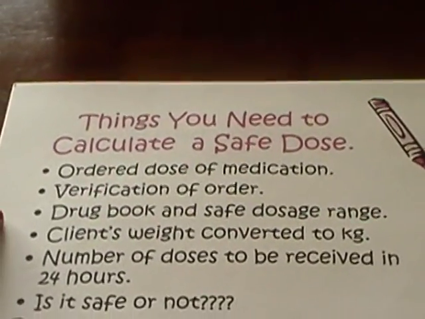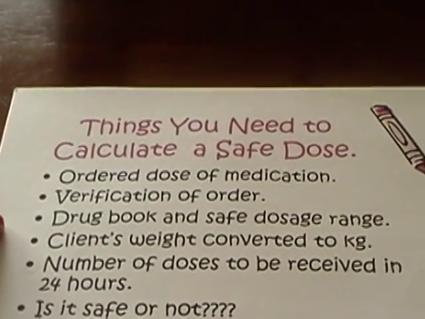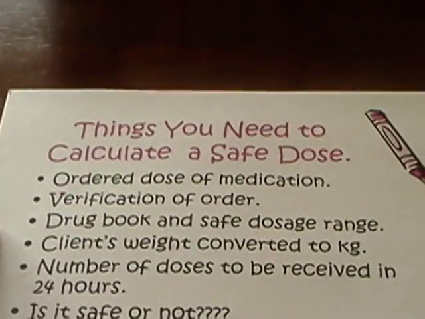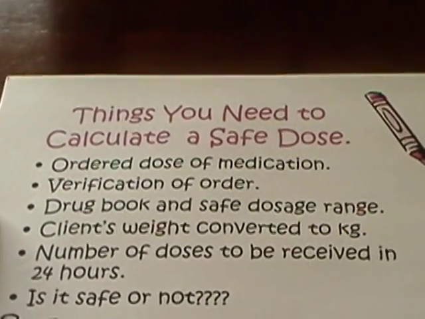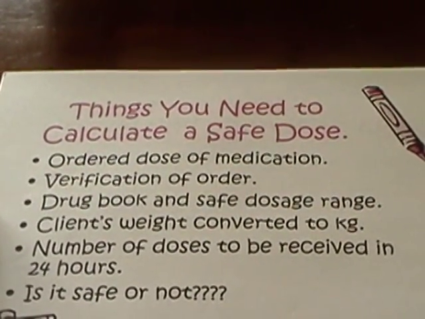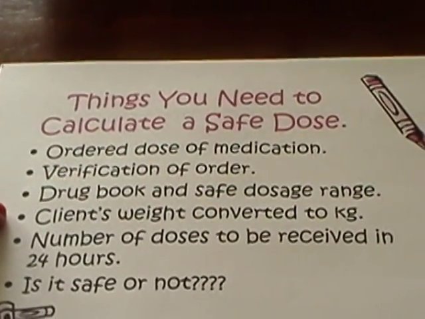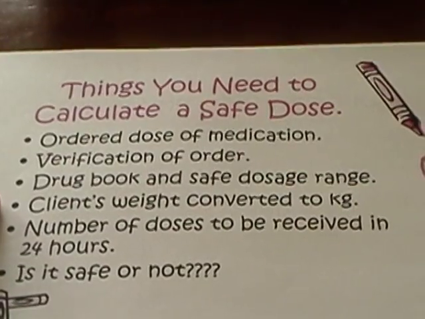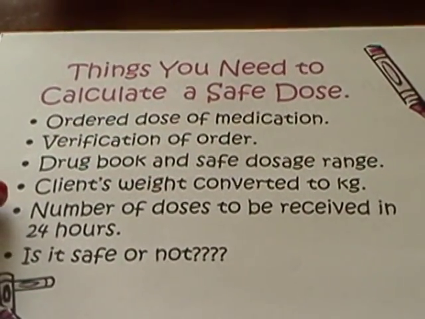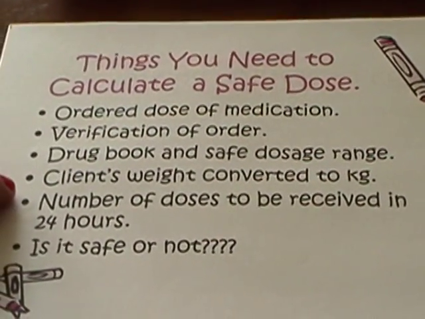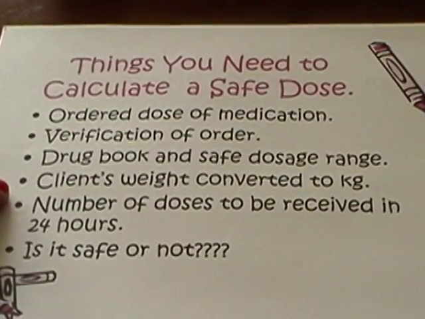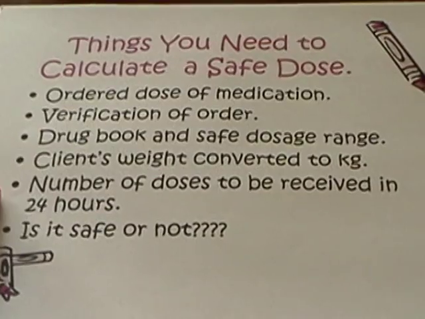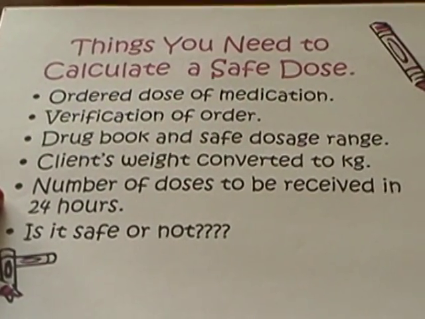The things that you need to calculate a safe dose are: the dose of medication ordered, which you need to verify; the safe dosage range from the drug book; a client's current and accurate weight converted to kilograms; and the number of doses to be received in 24 hours.